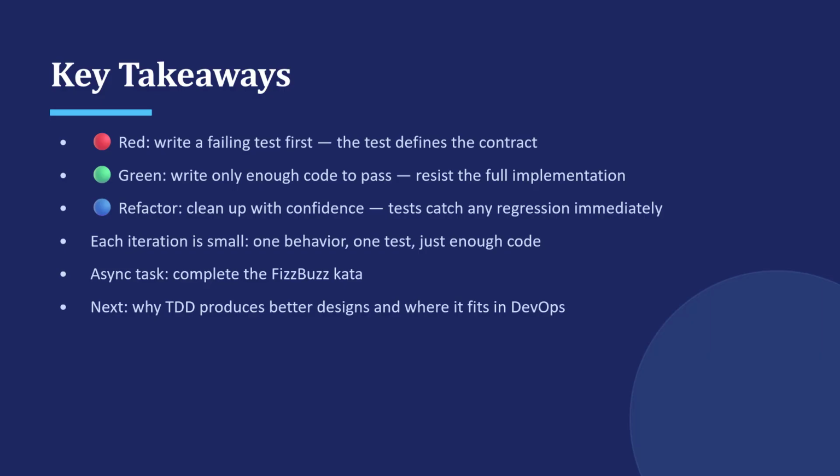Then we refactor, clean up with confidence, and the tests ultimately catch our regressions. Each iteration is small. We get one behavior at a time. We keep repeating this cycle until we're happy with the solution.